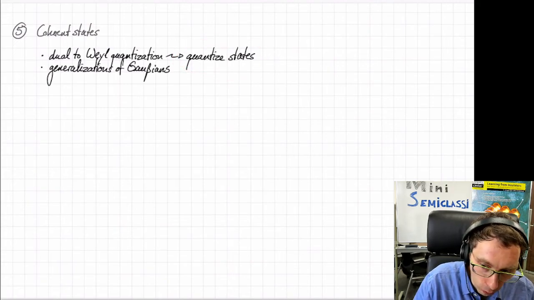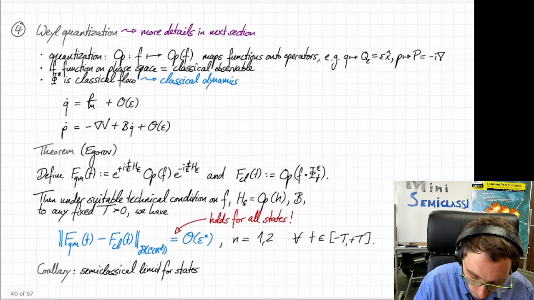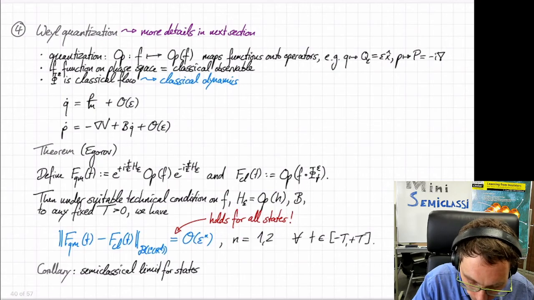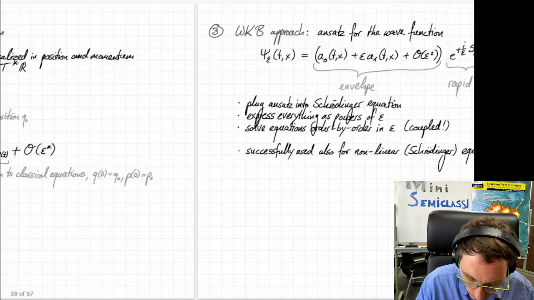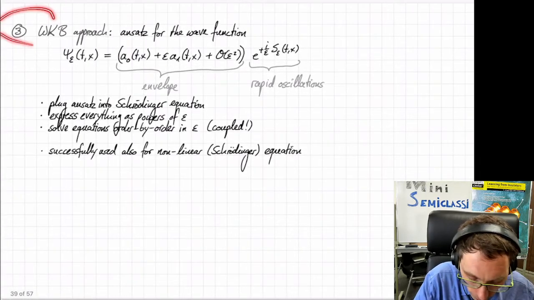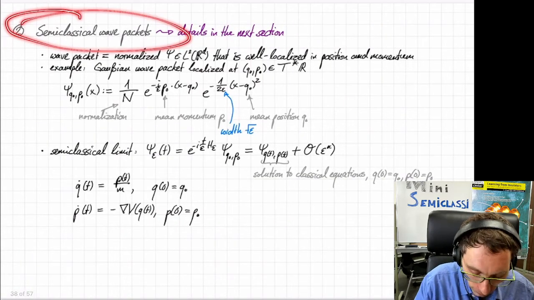and that's why also many of the techniques are the same. But I will not explain this in much detail, because the most useful approaches for periodic systems, or the ones that I've seen being used, are Weyl quantization, the WKB approach in a few works, and wave packets.